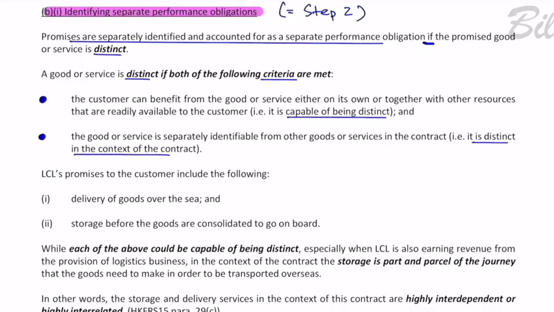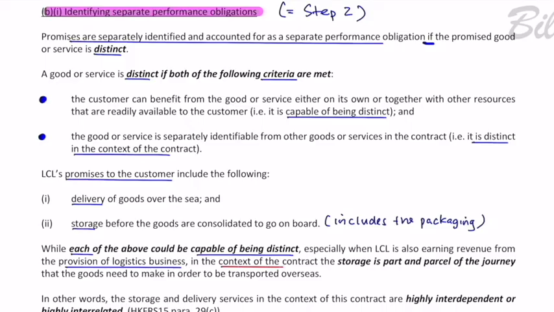For this question, the company's promises to a customer include the following: delivery of the goods, and storage before the goods are consolidated to go on board. This storage includes the packaging services. While each of the above could be capable of being distinct, the company is a logistics company. A logistics company, besides providing transportation services, also provides storage services. These 2 are capable of being distinct in other contracts.